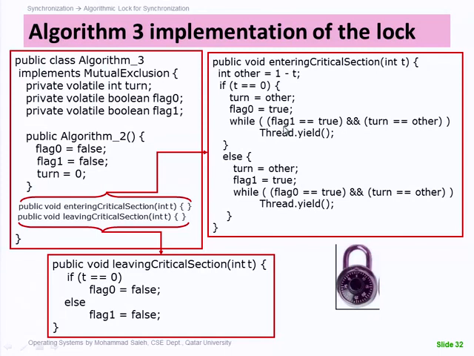If any one of them is false, then it will be granted entry to the critical section. The two conditions are: is the other thread having the intention to enter a critical section? Now, this condition by itself won't work, and we have seen why. And the other condition: is it now the turn of the other thread to enter a critical section?